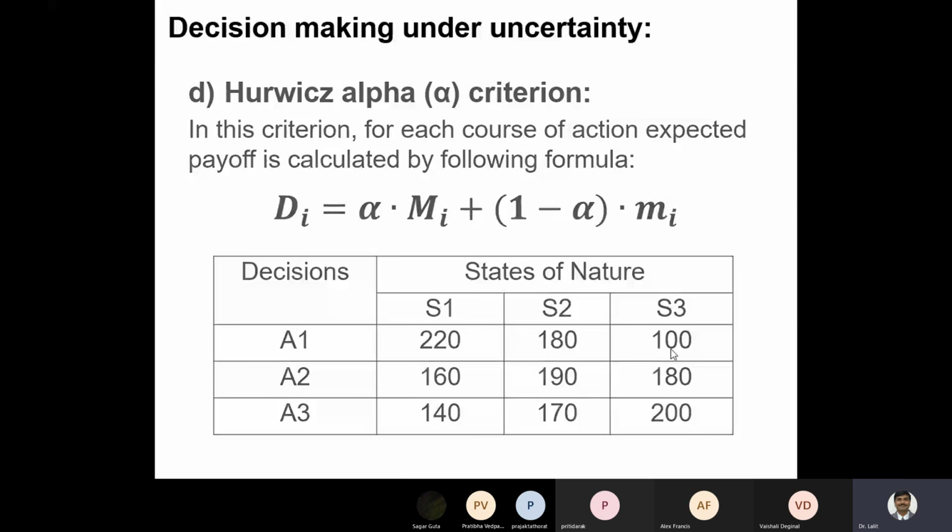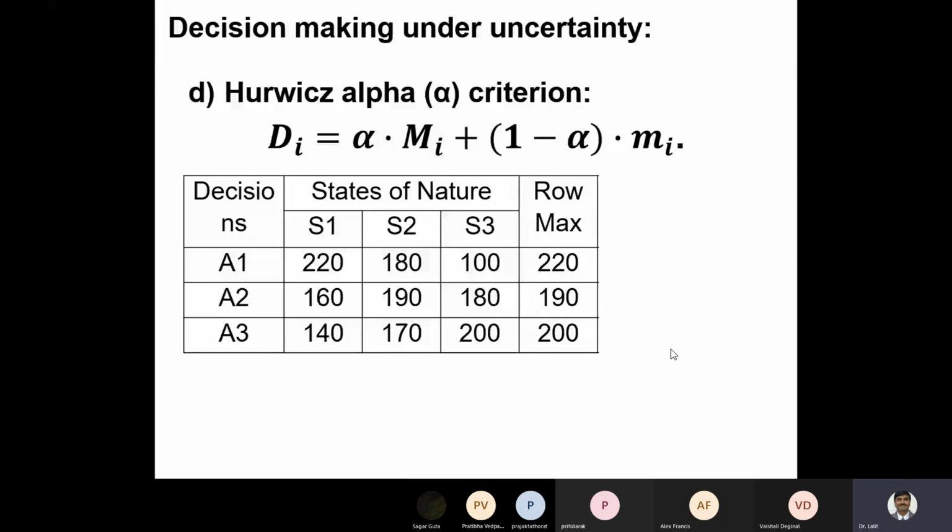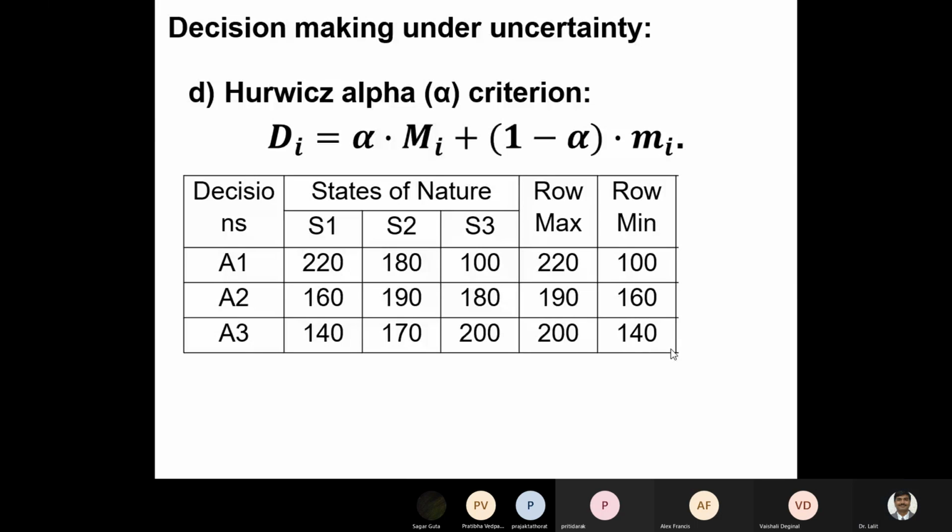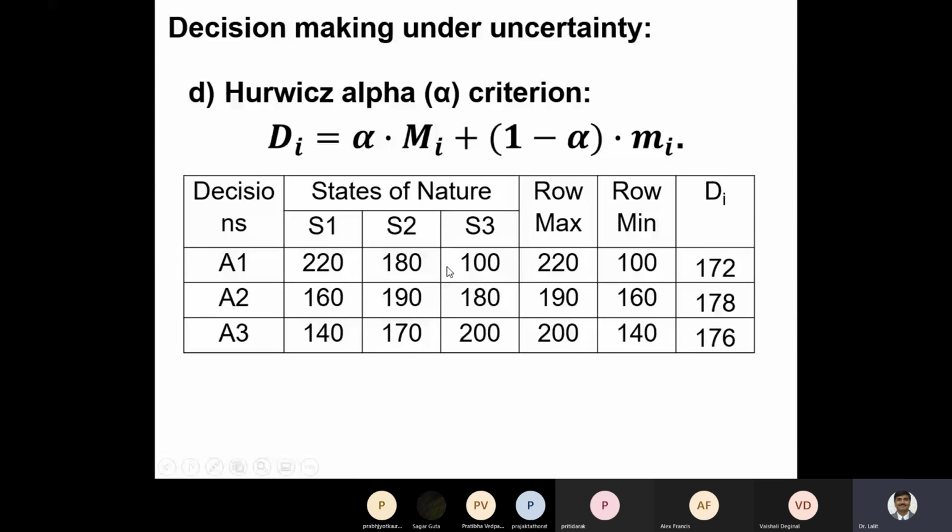Here the row maxima are 220, 190 and 200 for A1, A2, A3 respectively. Row minimas are 100, 160, 140 respectively. So what will the Di value be? Here I am assuming that alpha is 0.6.